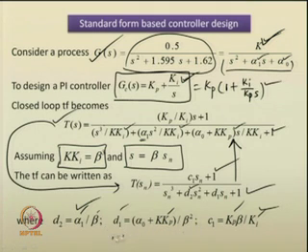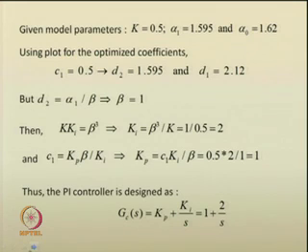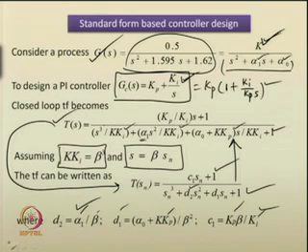Now, let us go to the particular case. As you have seen, when the process dynamics is given as 0.5 upon s square plus 1.595 s plus 1.62, K becomes 0.5, alpha 1 becomes 1.595 and alpha 0 becomes 1.62.